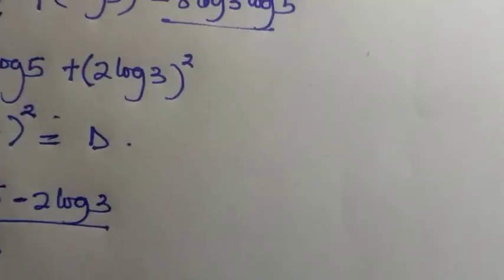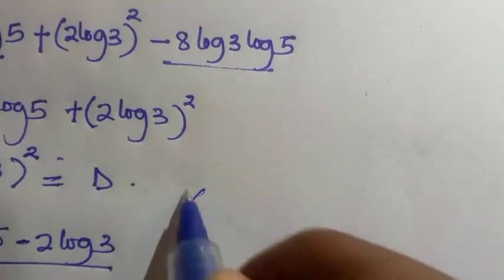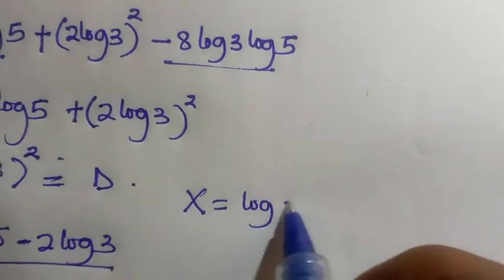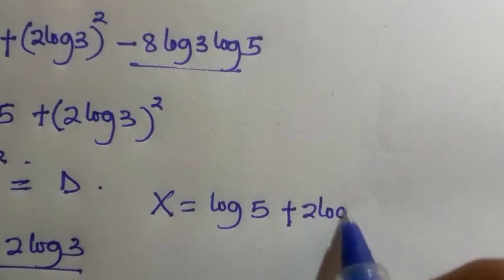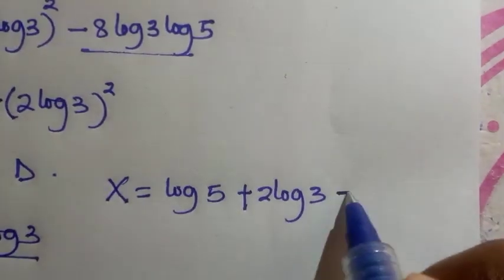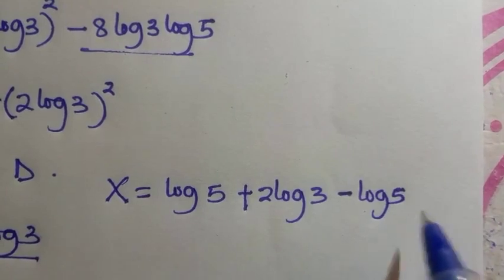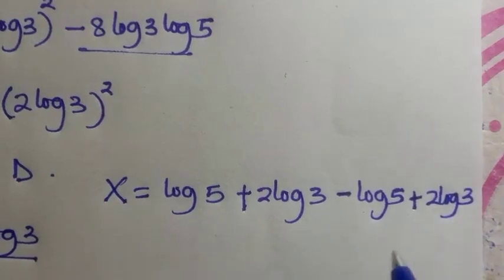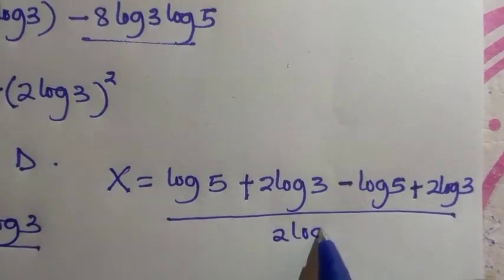But how can we get 2? By the inspection method I've already gotten it, so we can still do that when we consider the negative part. Here is log 5 plus 2 log 3 minus log 5 minus 2 log 3, divided by 2 log 3.